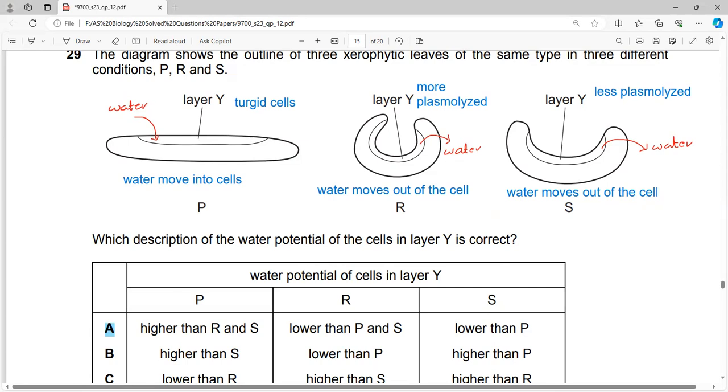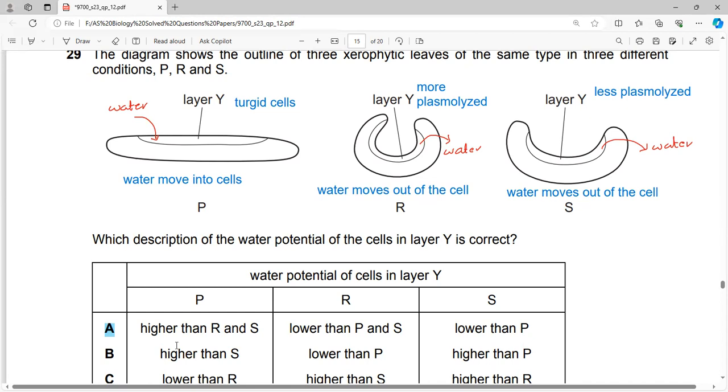So that's why the water potential of S is lower than P only, and greater than R. You need to understand it in this way.